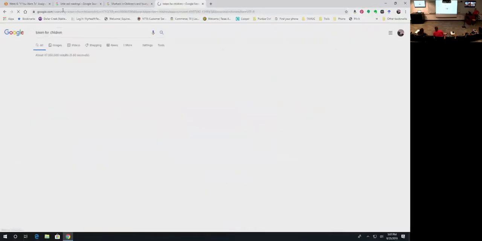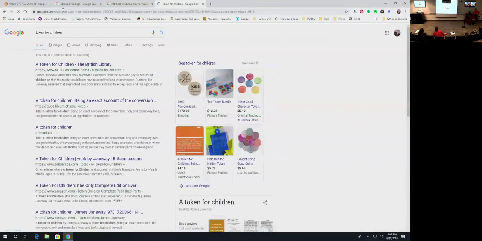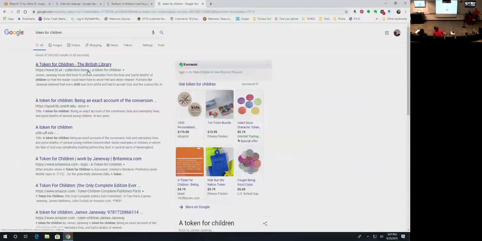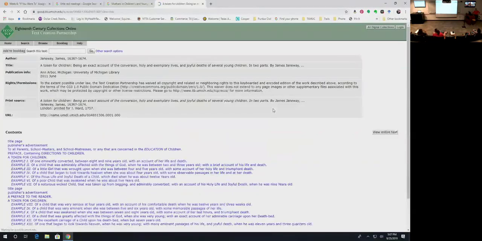Janeway. Dr. Stewart, is the Token for Children the Puritan one, where they're holding the children over the grave? Yeah, it's called A Token for Children, being an exact account of the conversion, holy and exemplary lives, and joyful deaths of several young children in 2 parts by James Janeway.